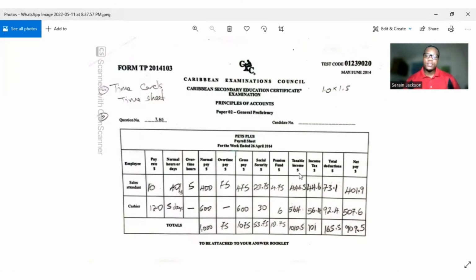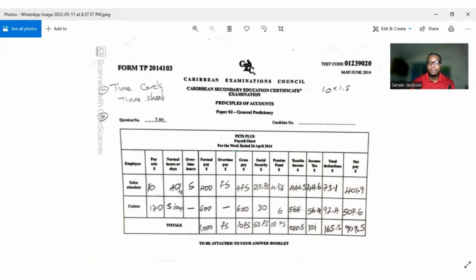Now you see they have here taxable income, and the reason for that is what I was explaining earlier. The tax deductible must be subtracted from the gross pay to get your taxable income. So these two, Social Security and pension fund, are tax deductible, which means that they must be subtracted from your gross pay to get your taxable income.